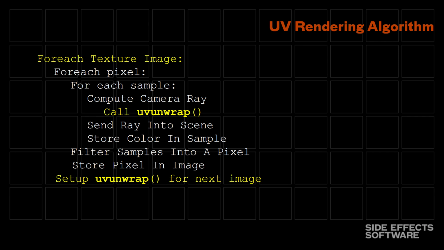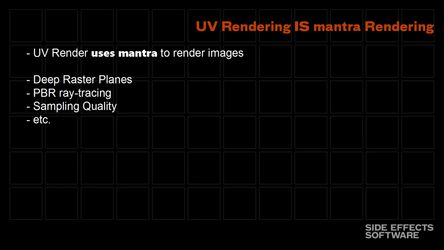We call UV unwrap, and this is where the lens shader comes into play. We send the ray into the scene. We store the color in a sample. We filter those samples into a pixel. We store the pixel in the image, and we set up UV unwrap for the next image. So the UV unwrap has to have some smarts about the geometry that's being processed that allows the algorithm to unwrap the rays.